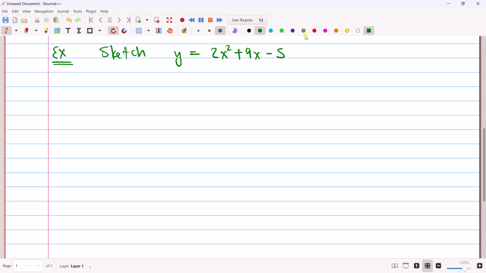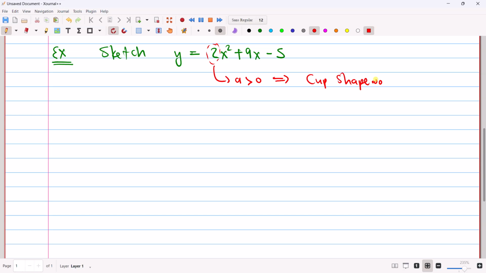But immediately, one thing that we can deduce is that since the coefficient of the squared term, a, is greater than 0, this thing is going to have a cup shape. Just by looking at the structure of the equation itself, whatever sketch you produce must have a cup shape because a is positive.